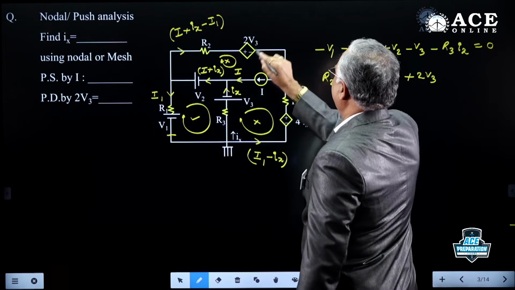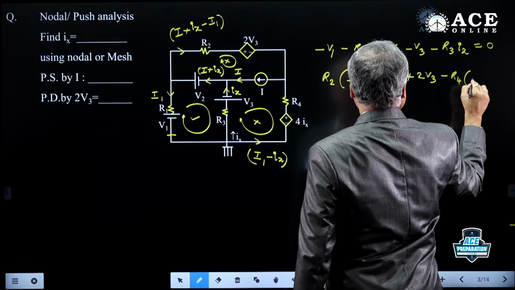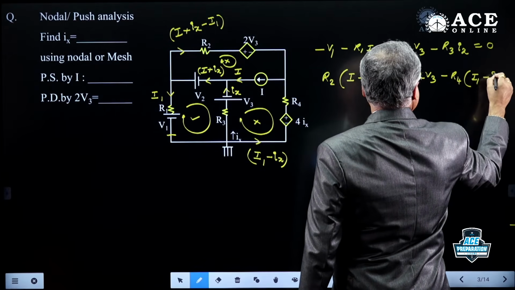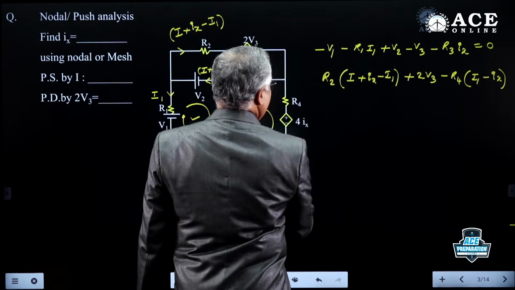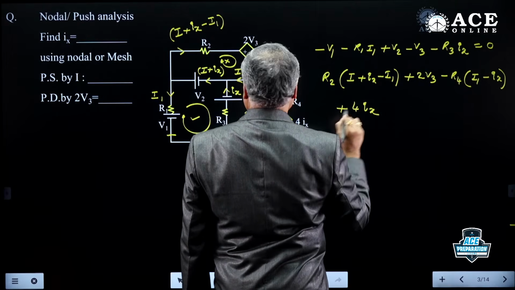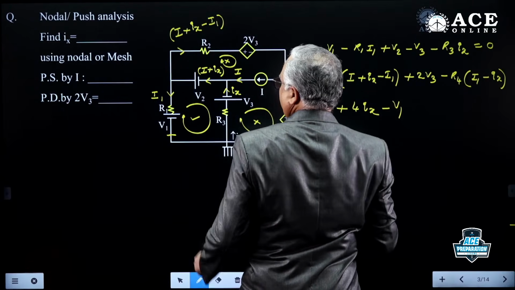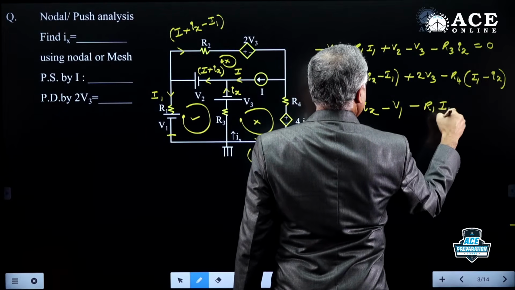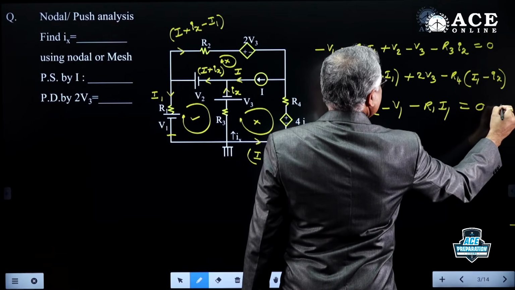This current is going upward, I am going opposite, so minus R4 into I1 minus Ix. Going from positive to negative, plus 4Ix. Minus V1. Minus R1 I1. Equal to 0. This is the second equation.